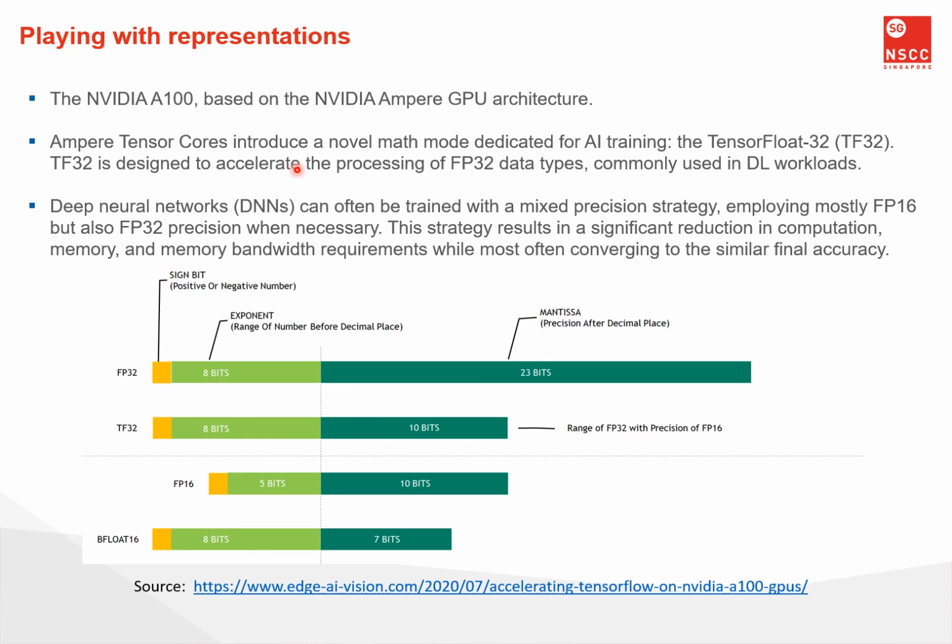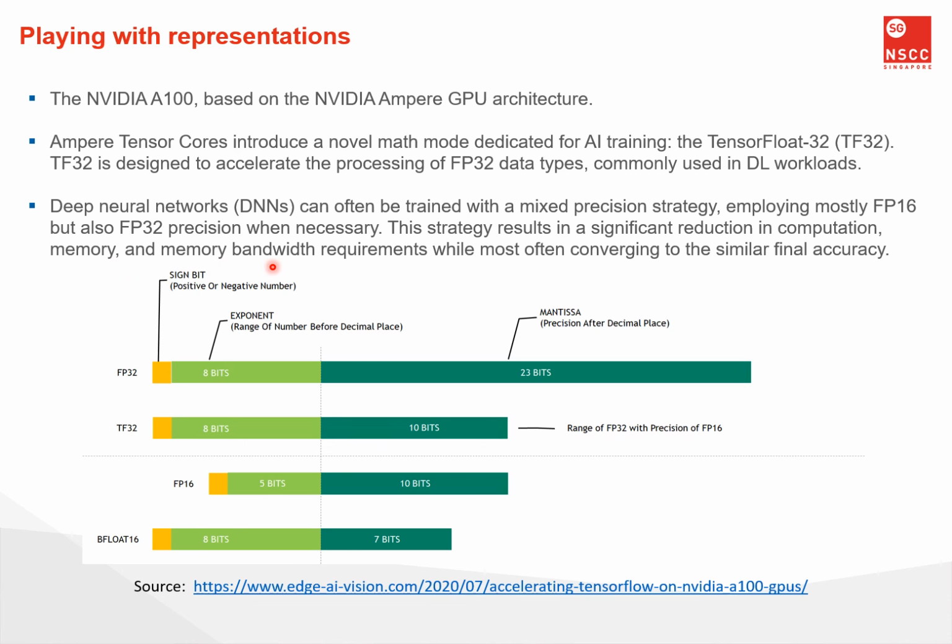So besides focusing on massive parallelism and having many repeating computation units, we can also play around with the binary representation of the numbers to get more effective computation. This is actually trained with mixed precision. Instead of using a fixed type of floating point number, we can have a mixture of floating point 16 with lower resolution and floating point 32 wherever necessary. This strategy results in a significant reduction in the complexity of the computations, and hence the speed improves.